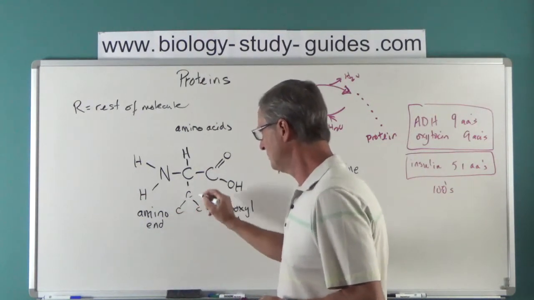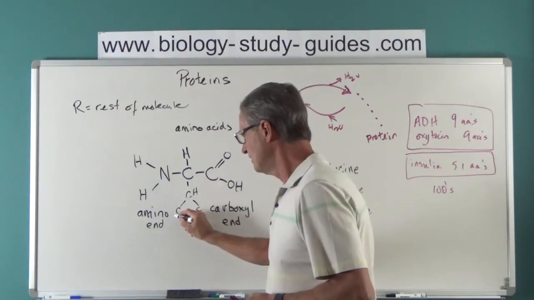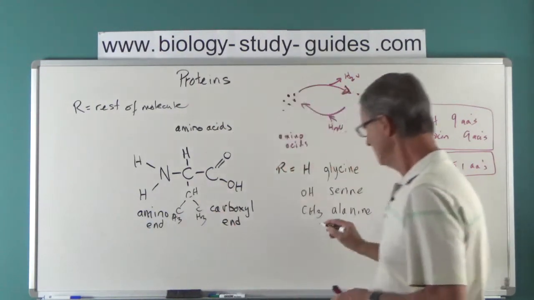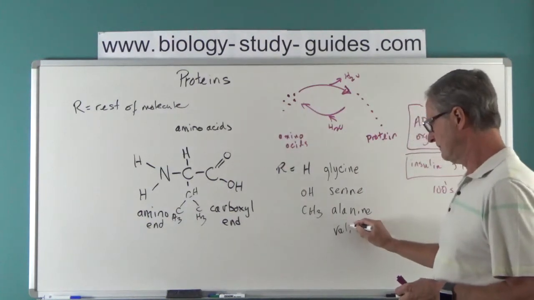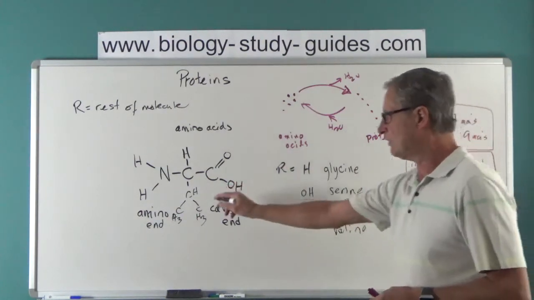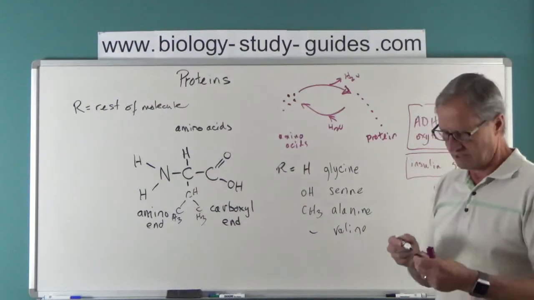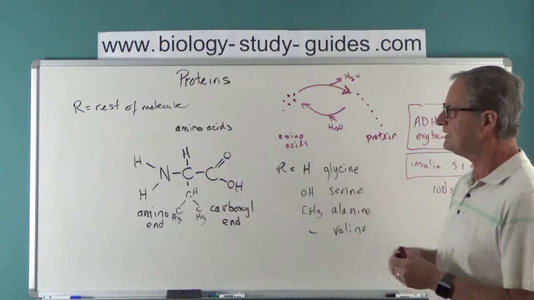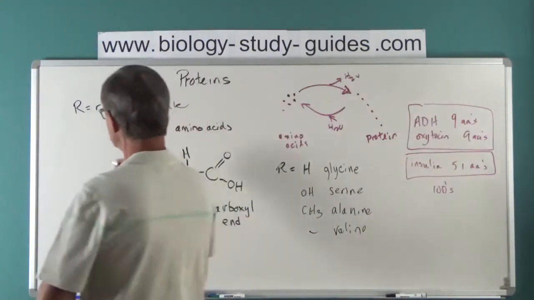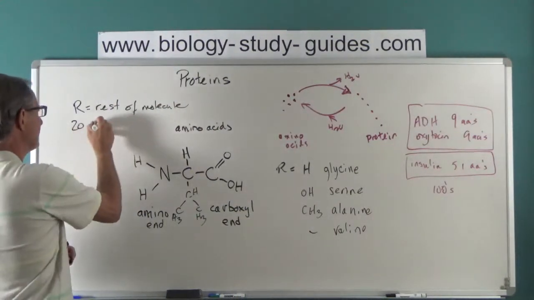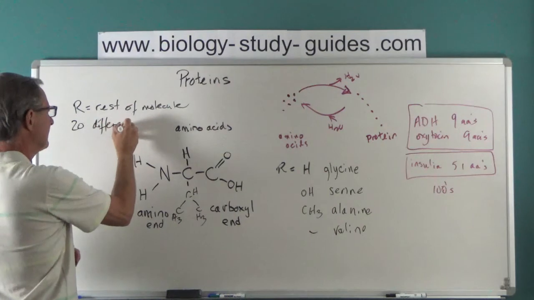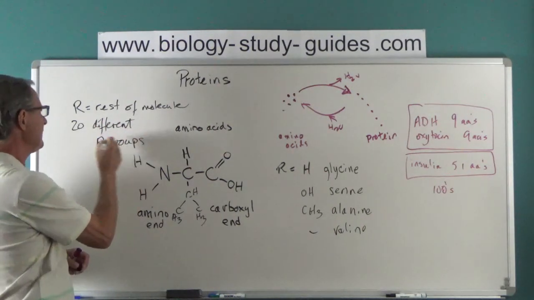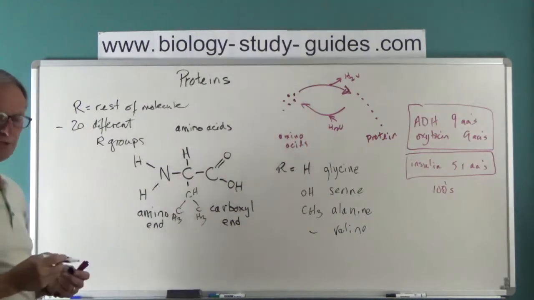Carbon that way, we put a hydrogen in there and put CH3 out here and CH3 out here. That's valine. How many are there? There's 20 different R groups, which means, quite simply, there are 20 different amino acids.